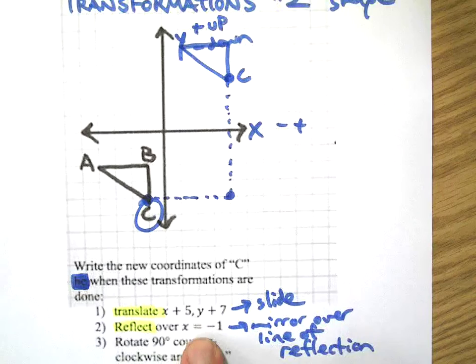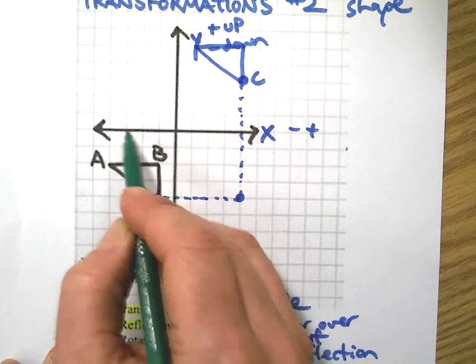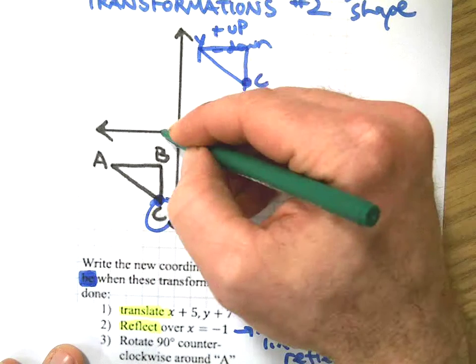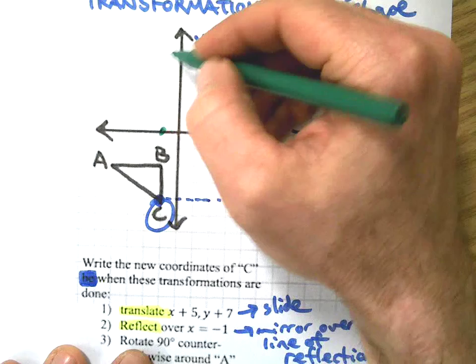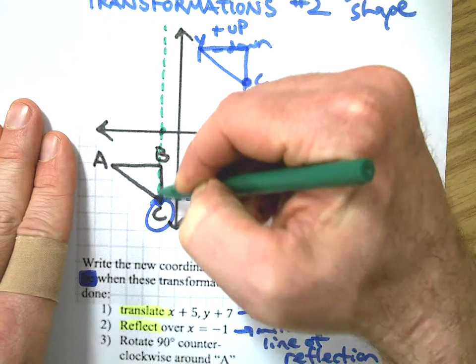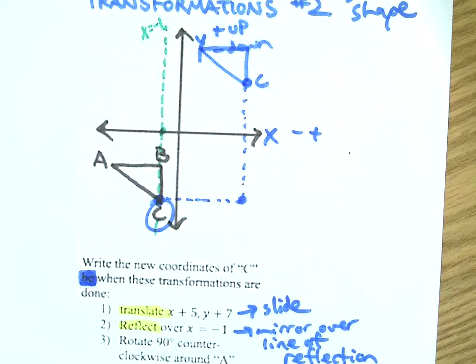Okay, x equals -1. Where is that? Well, this is x. So if x equals -1, that's right there. And if we make a line there, that is x equals -1.